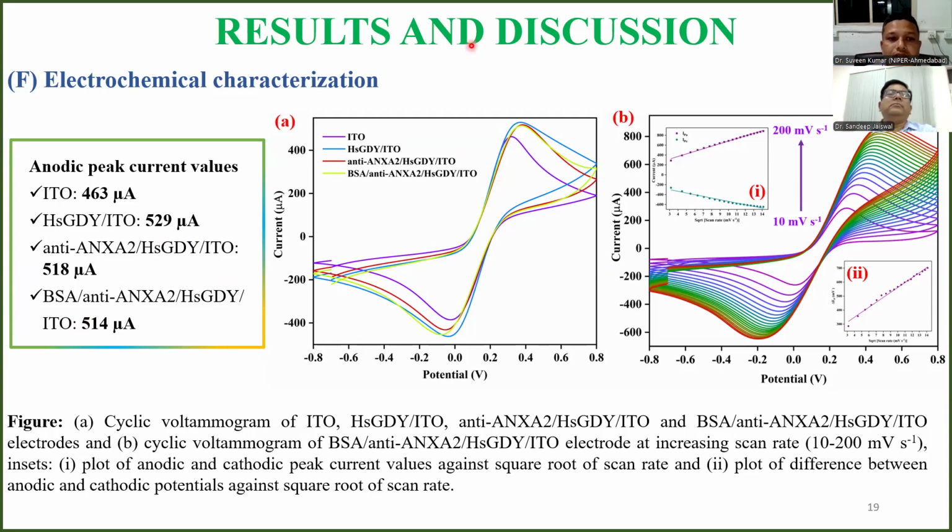So this is the electrode study. After this, we investigated its electrokinetics with a scan rate study between 10 millivolt per second and 200 millivolt per second. We get a straight line for both anodic and cathodic peak current, which indicates this electrode can be used for the development of an electrochemical biosensing platform.